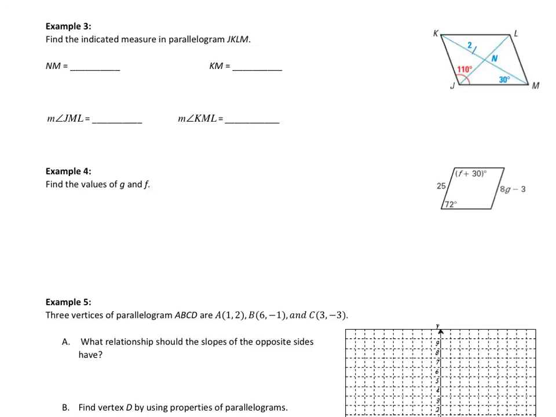So since this is already a 2, then I know that NM will also be 2 for that measure. And then next they're asking what KM is going to be. Well, KM is the whole distance of that segment, so I can add the two pieces together. So 2 plus 2 equals 4.